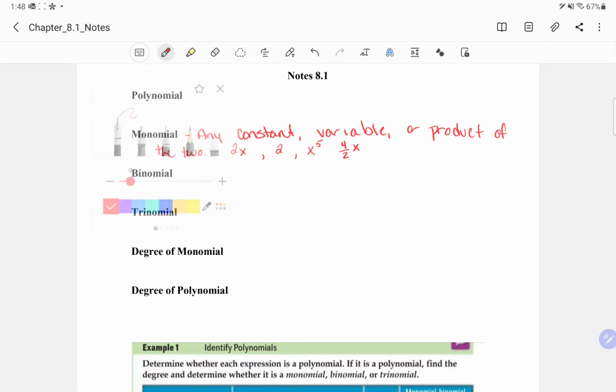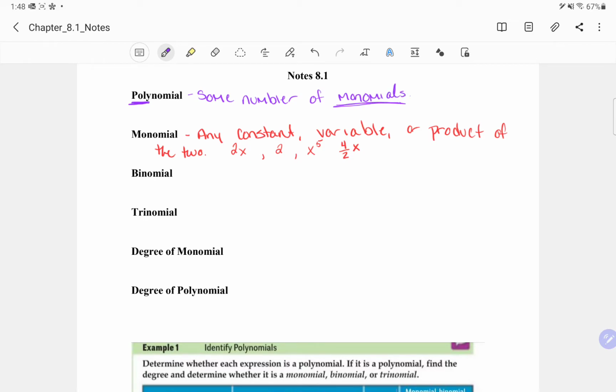So you have to have the variable up top. Okay, all a polynomial is, poly is a prefix meaning many, so a polynomial is just some number of monomials. And just so we're clear, a monomial is a polynomial.